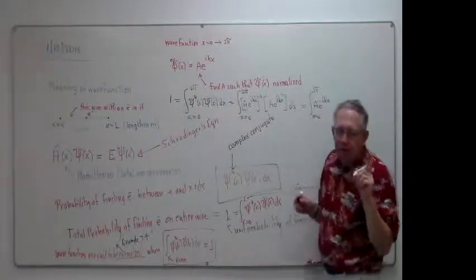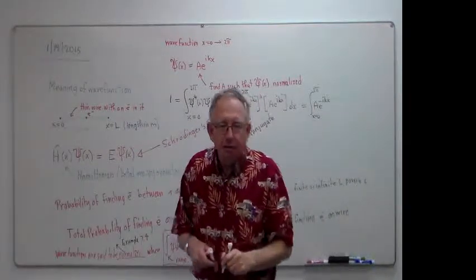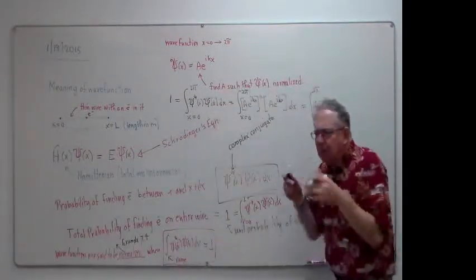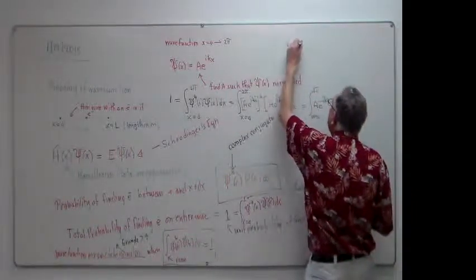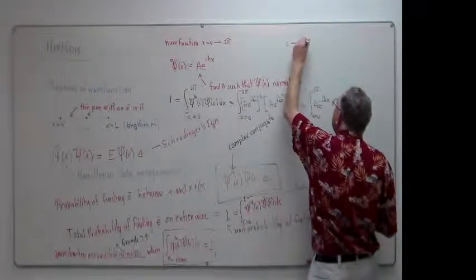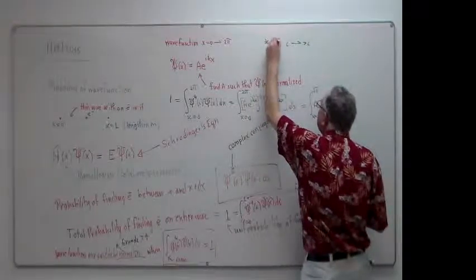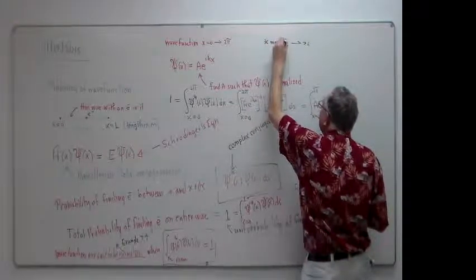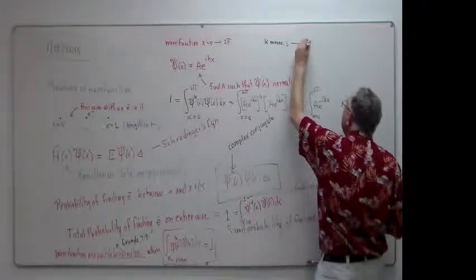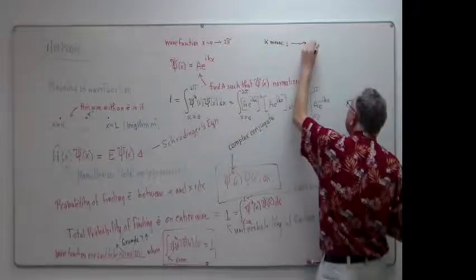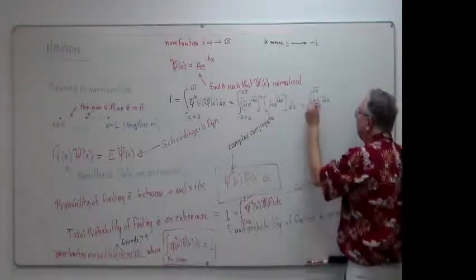Complex conjugate always means replace i with minus i. Star means replace the square root of minus 1, or i, with minus i. And I've done that here.